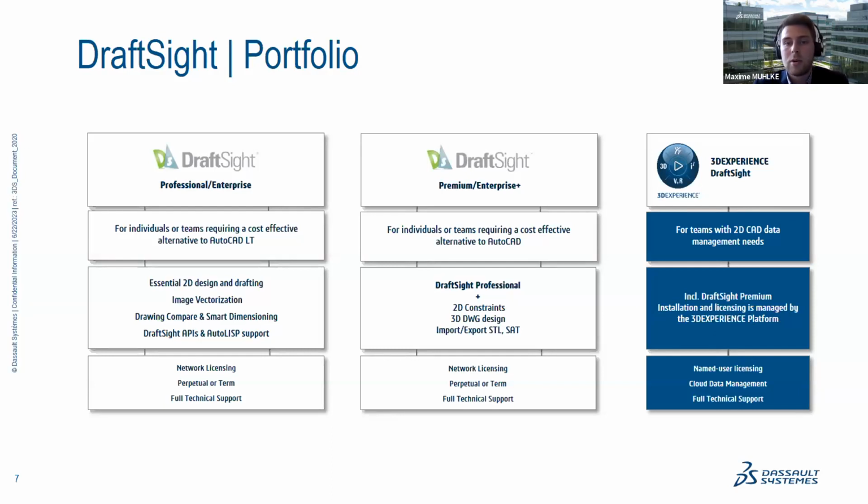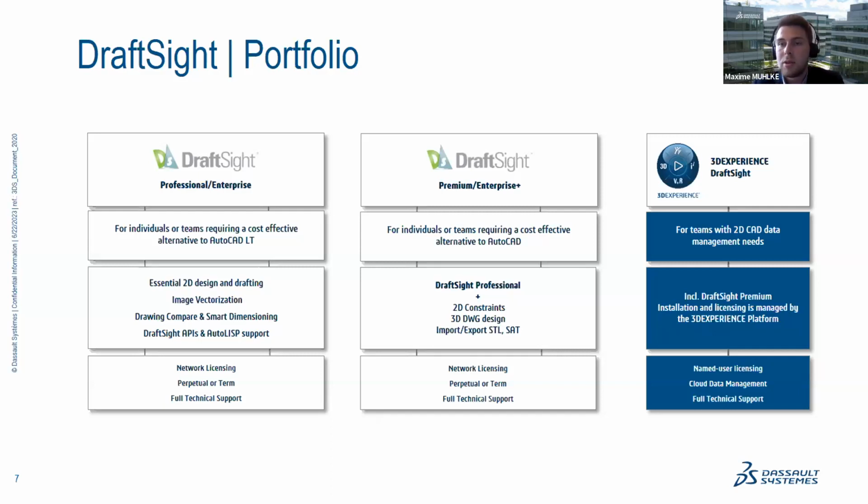So for those 2 versions, it was made for individuals or teams requiring a cost-effective alternative to the full version of AutoCAD, because you will find all the capabilities of DraftSight Professional plus capabilities for more advanced users, such as 2D constraints, 3D and DWG design possibilities, and import, export, STL, and SAT formats. So beneath, it's the same: network licenses for DraftSight Enterprise Plus, you can go either with perpetual or with term subscription, and you have full technical support.